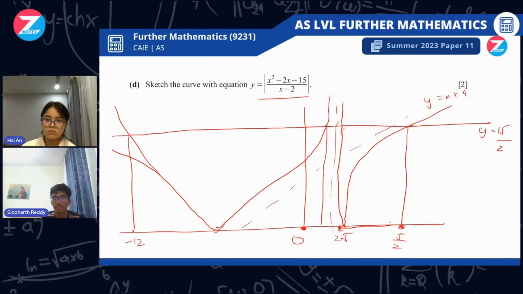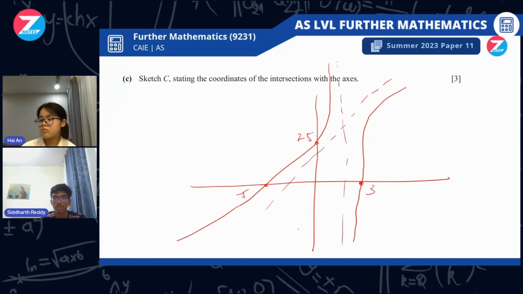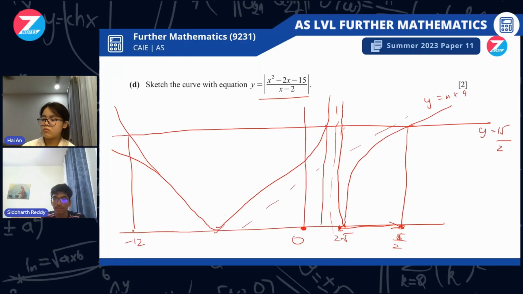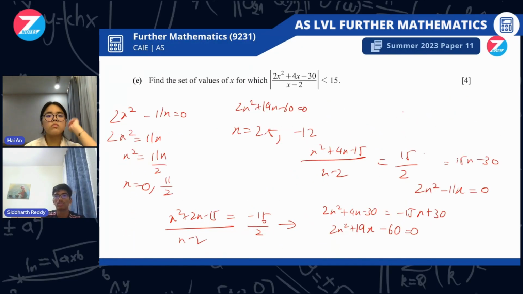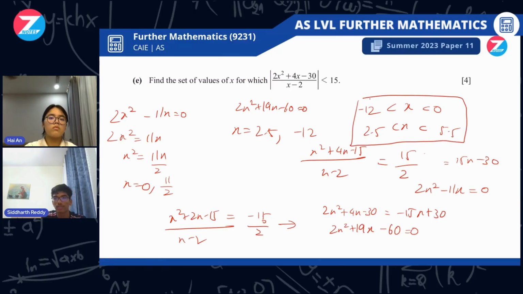So it's clear that these are the ranges. It's also 11 by 2. So these are the solutions: x has to be between minus 12 and 0, and x has to be between 2.5 and 11 by 2, 5.5. So those are the ranges of x.